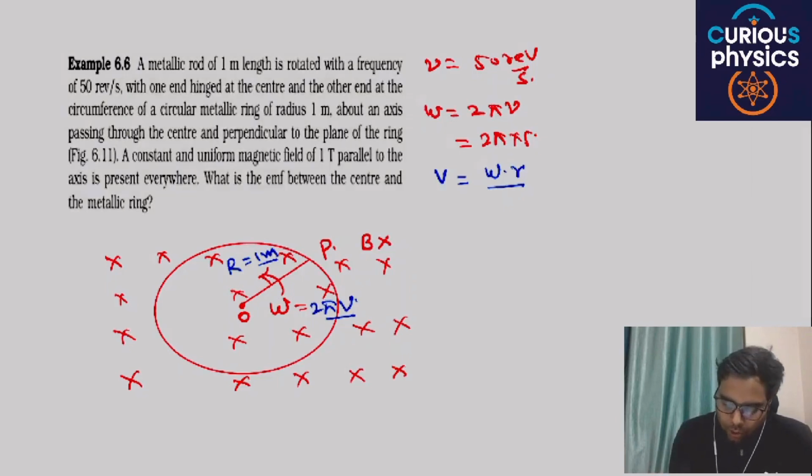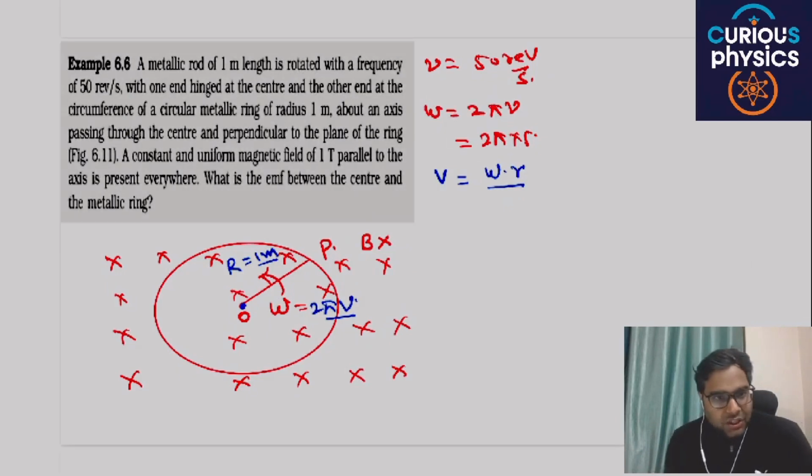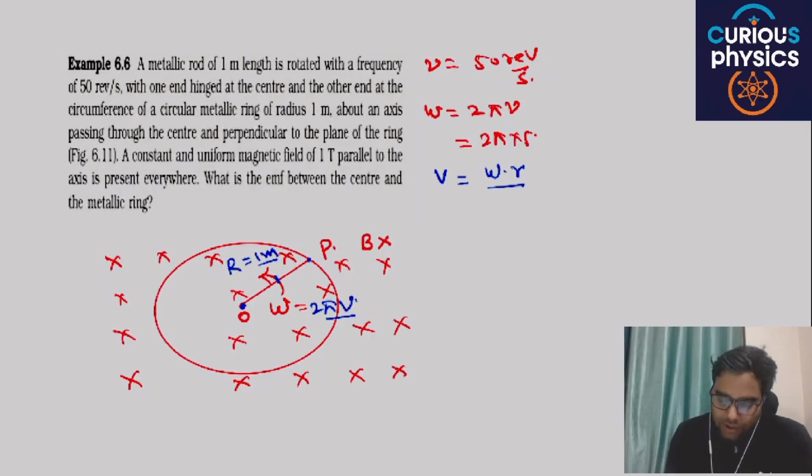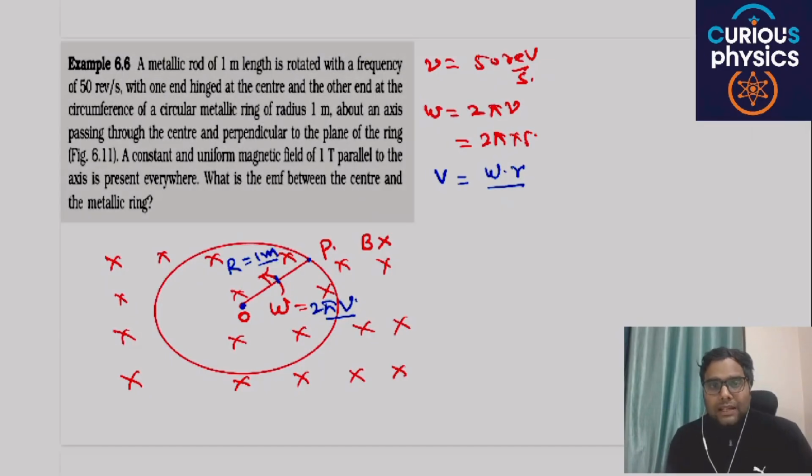At point O the velocity is 0, and at point P the velocity is omega into capital R, 2 pi 50 into capital R, which is 1, but at the midpoint the velocity is different. That means from O to P the speed is changing, but the angular speed omega is constant. Are you getting my point or not?